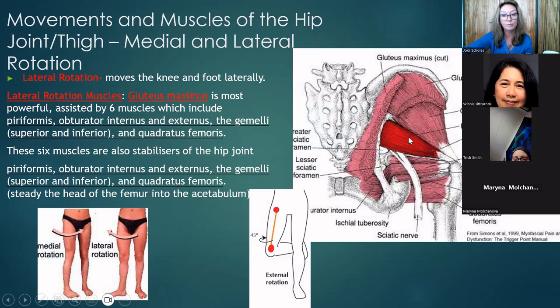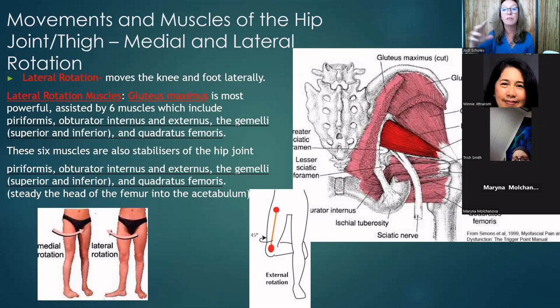That's a good thing to know. And then you've got these kind of weird ones all through here. And basically they're assisting with the lateral rotation or the external rotation of the femur. And these 6 muscles are also the stabilizers of the hip. They're either called deep lateral rotators or stabilizers of the hip.